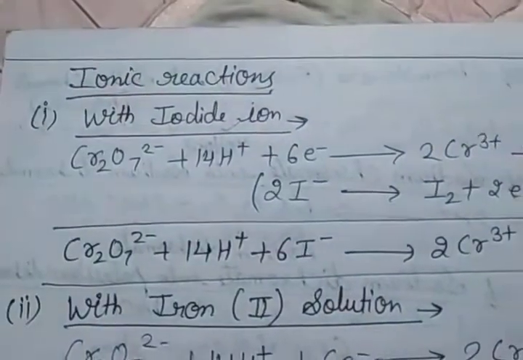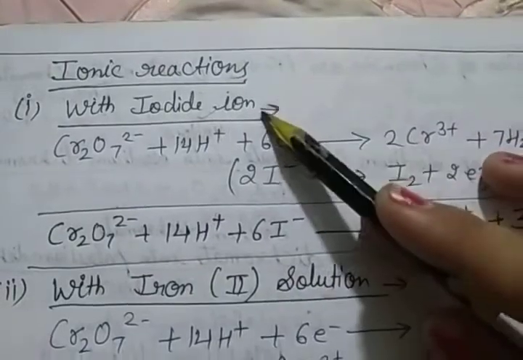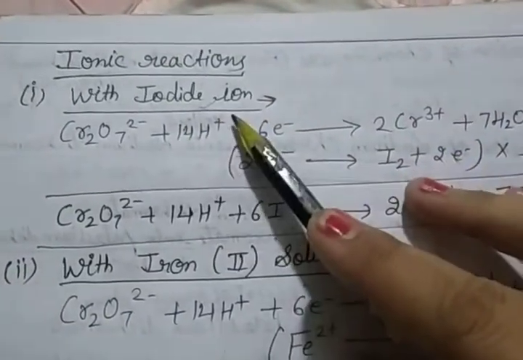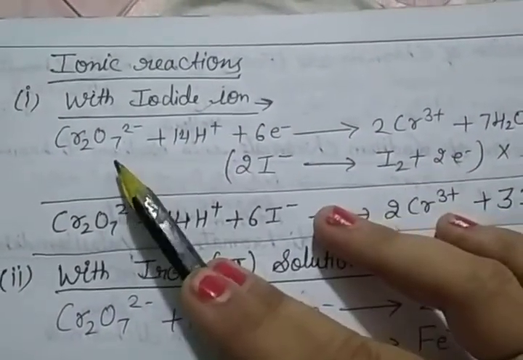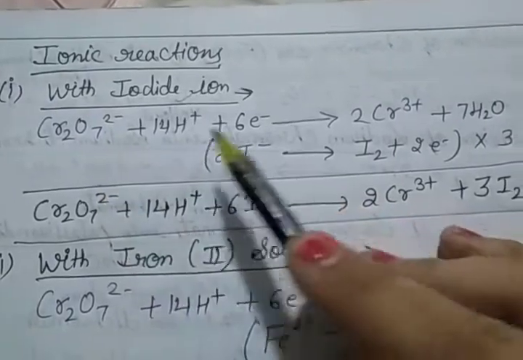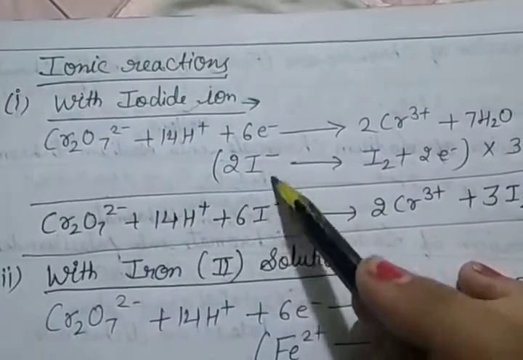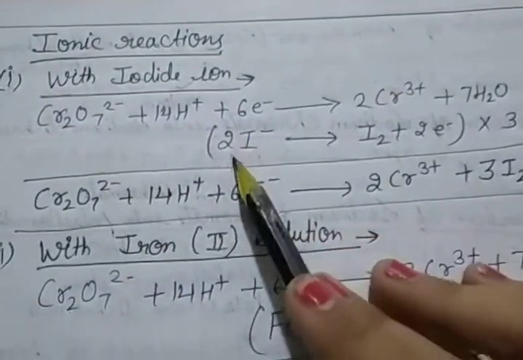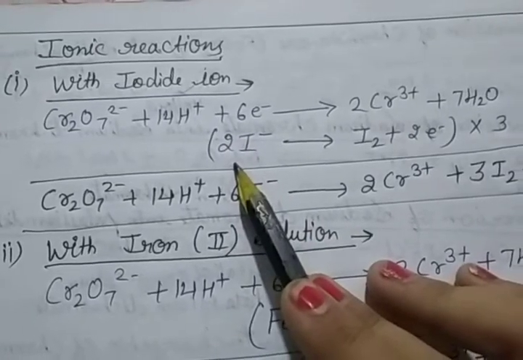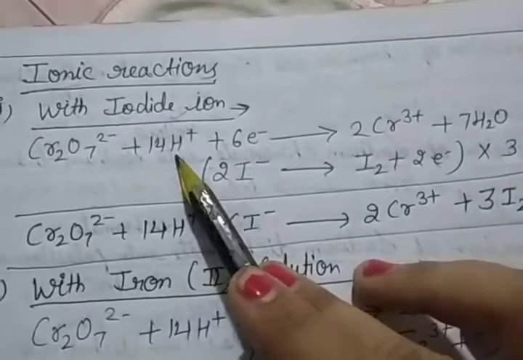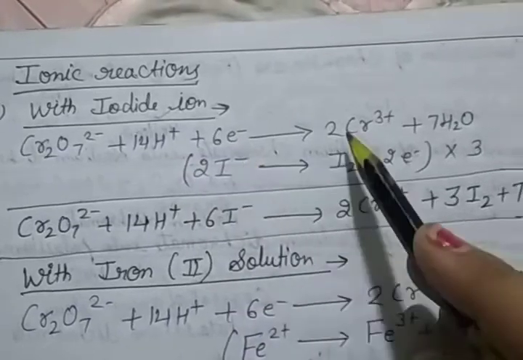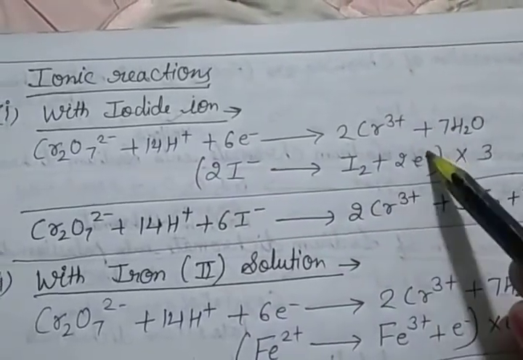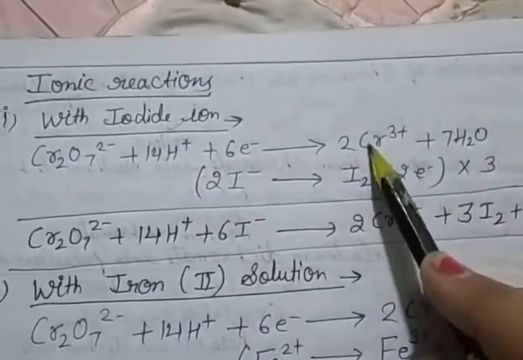So one by one, see the ionic equations, first with iodide ion. Dichromate ion Cr2O7 2- reacts with iodide ion. First write its acidic reaction: 14H+ plus 6 electrons gives 2Cr3+ plus 7H2O.